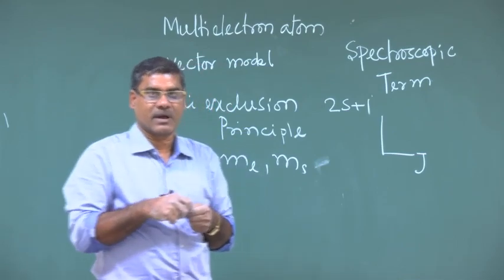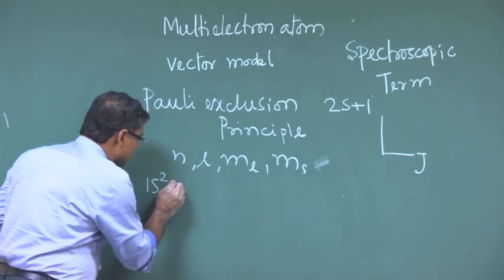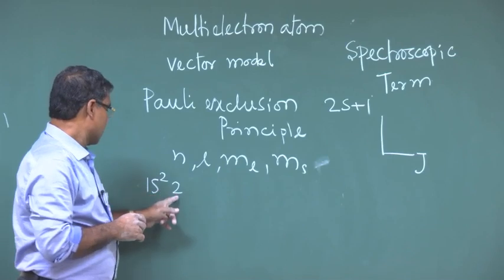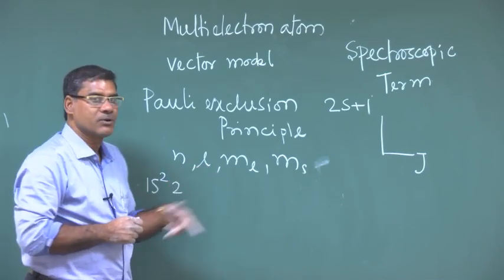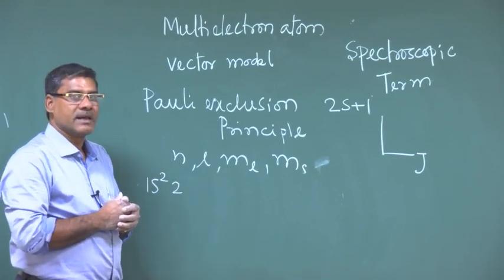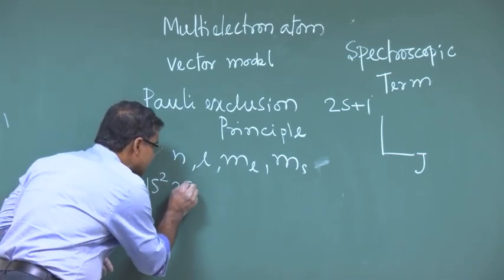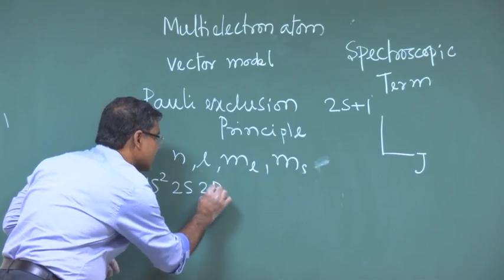I will put them in the next higher energy level, that is n equal to 2. Okay. So, n equal to 2 can have l equal to 0 and 1. So, l equal to 0 means s and l equal to 1 means p.